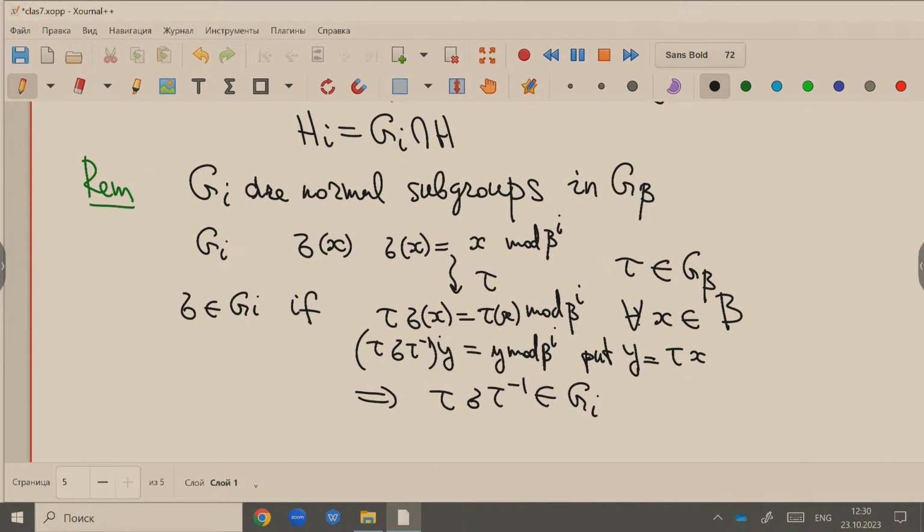And also, it is interesting to write down the different in this setting.